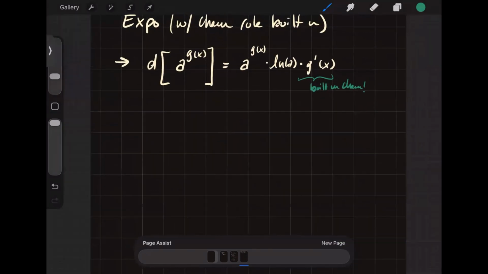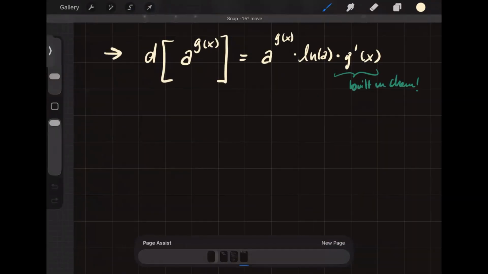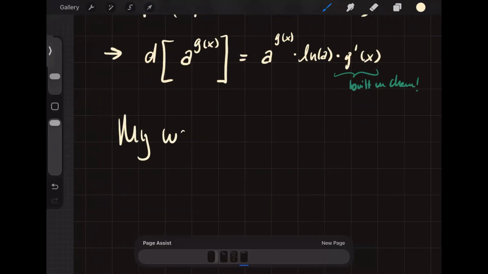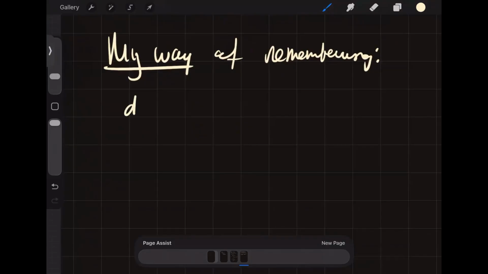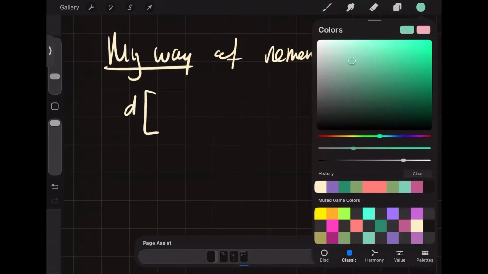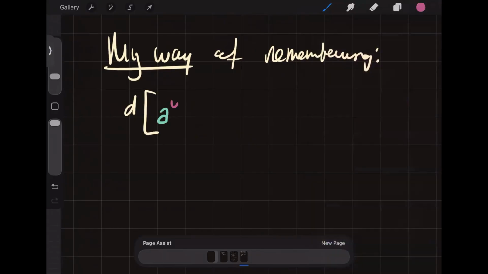For me personally, I have a hard time using g's and f's. So I'm going to call this my way of remembering. It's going to be the derivative of some a to some u, right?